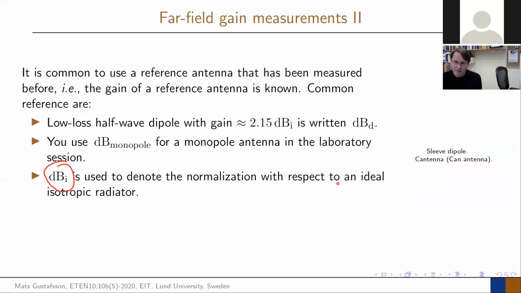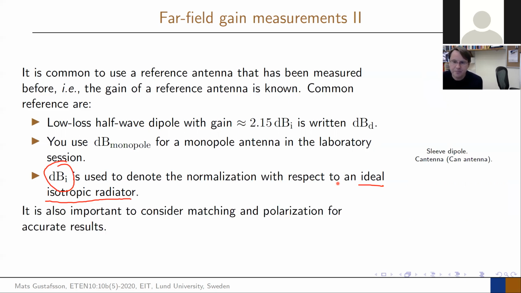If we don't write anything, we assume that that is that normalization. And the normalization is here with an ideal isotropic radiator, which is the regular dB because that is how we measure gain. That is relative to an ideal isotropic radiator. So sometimes it says dBi, sometimes it just says dB for these units for gain.